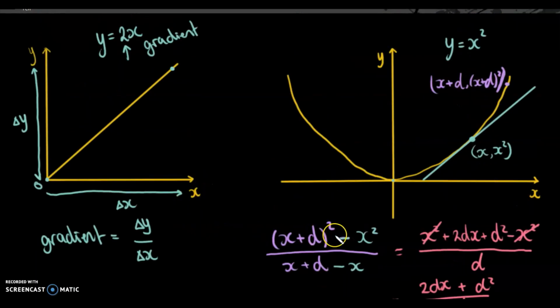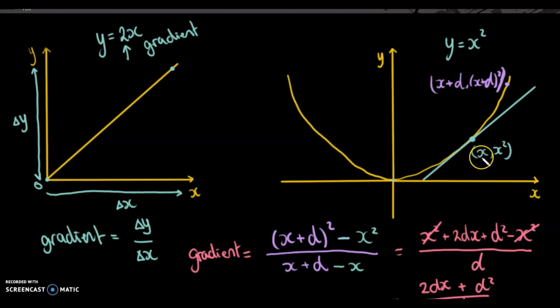Well, the whole point of me working this gradient out is so I could work out the gradient of this point here. So this fraction is equal to gradient. So my 2x must be the gradient at this point. And that makes sense. I put x in, I got a gradient of 2x out.